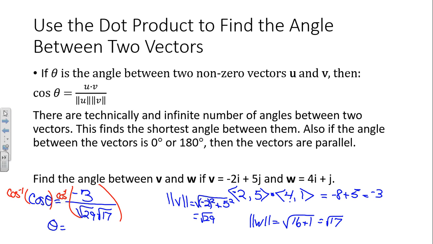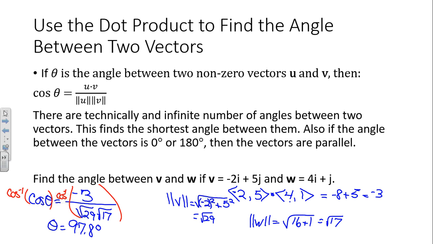You can keep them all under the same square root symbol. And did you get 97.7 or 97.8 degrees? Okay. That's the angle between these two.